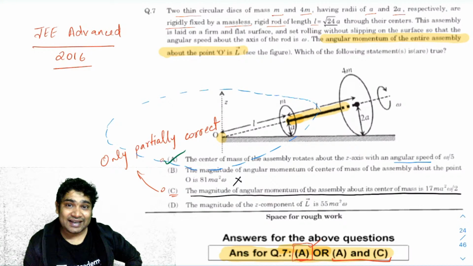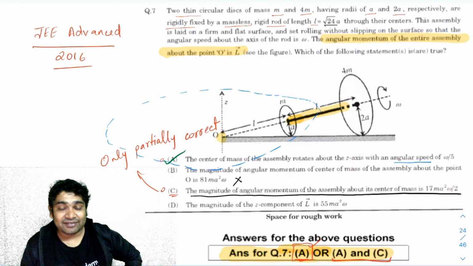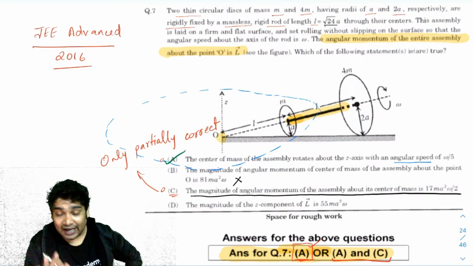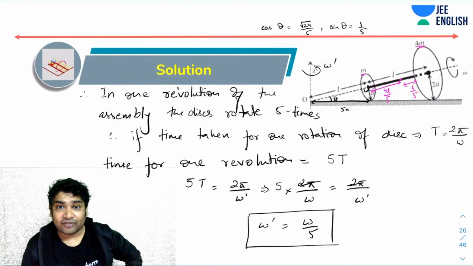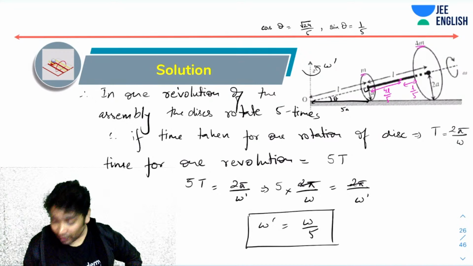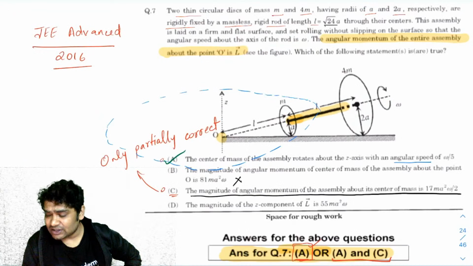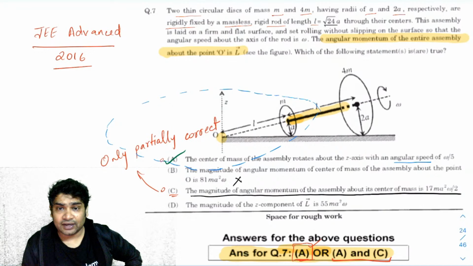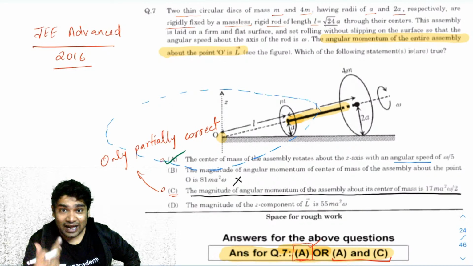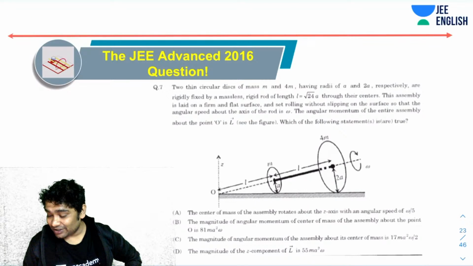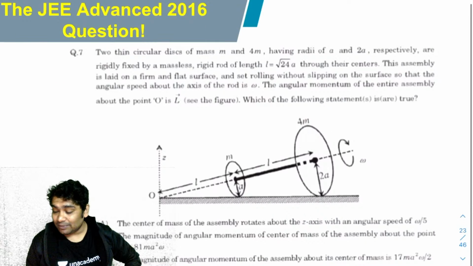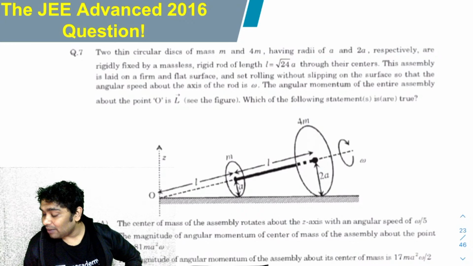A or A and C. They have even given A or C as correct. Why they have done this? I'll tell you why. Now, when you go to the reference frame of the CM, let's see what you will see. What do you think you will realize? So try and analyze the motion of this. Okay, so I'll tell you what people have missed. So you've been told the magnitude of angular momentum of the assembly about its center of mass.